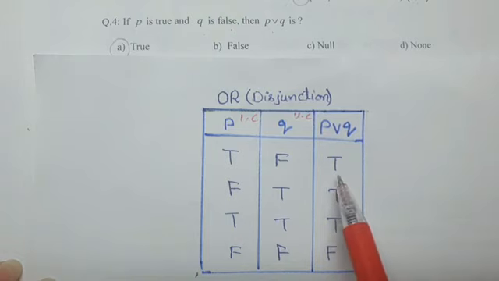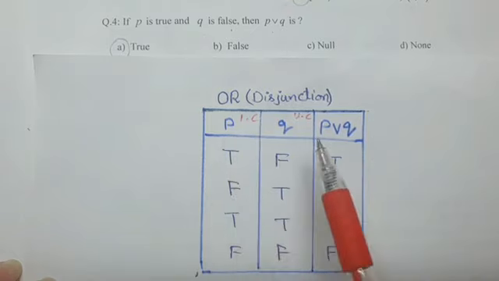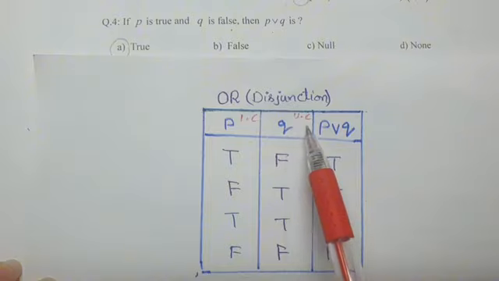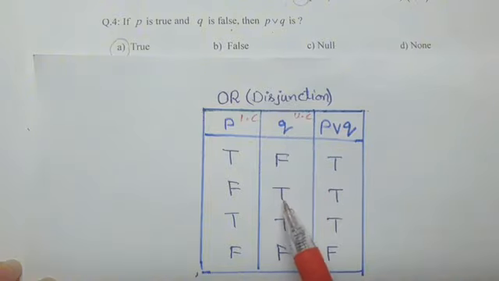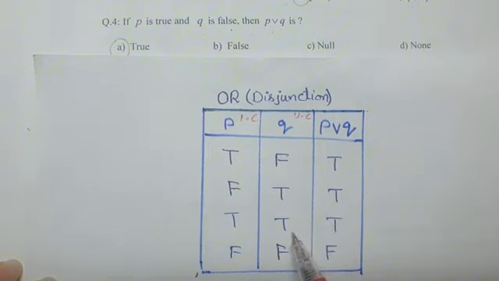And secondly, let us consider that you forget your ID card, then P would be false, and you bring your university card, so Q would be true. But still, because you have one of them, you would be allowed to sit in the exam, so this would be true. And if both P and Q are true, obviously that would be true.